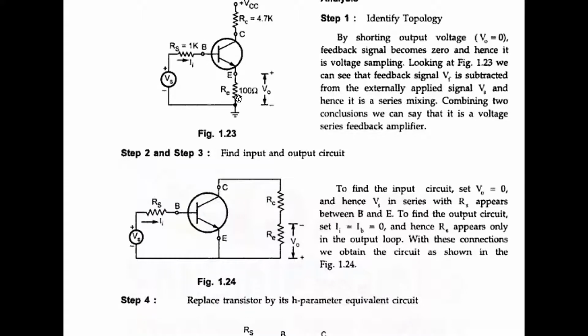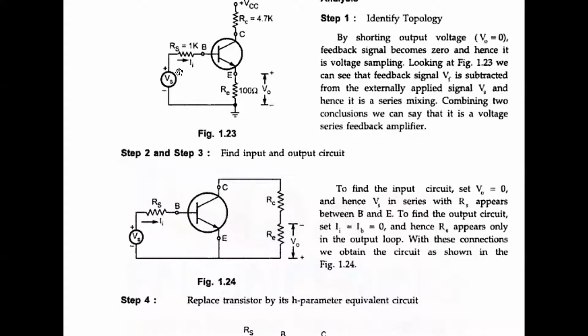So this voltage across RE is in subtraction at the input side. That is the reason the feedback signal is subtracted from the externally applied signal, and hence it is series mixing.